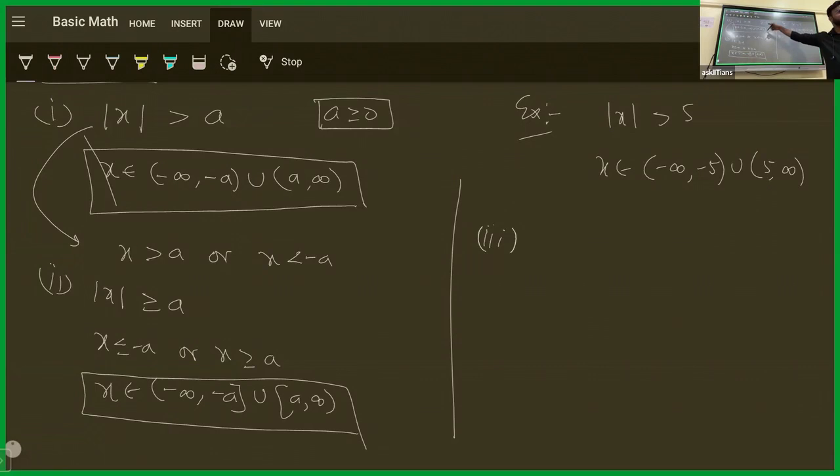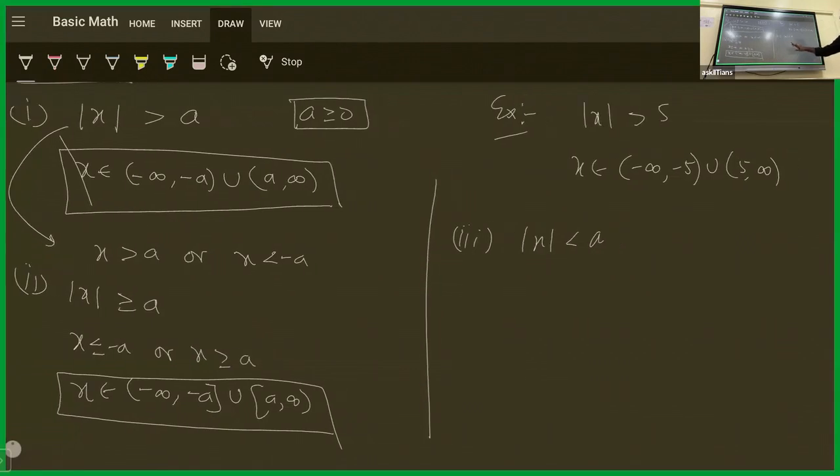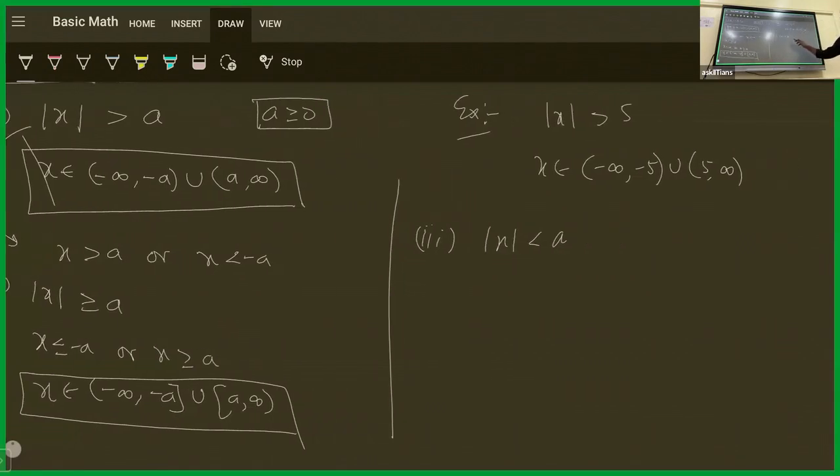अच्छा अभी इसके लिए बताओ फिर, now what do you think for this one? Let's suppose again a is positive and we are given modulus of x is less than a, so how we are going to simplify it, or what is the answer in this case? Minus a to a. देखो, इसको थोड़ा और इजी बनाते हैं, इसको इक्वेशन मान लो, तो it's like modulus of x equals a, राइट? तो यहाँ से x प्लस माइनस a. तो बेसिकली two critical points are there, minus a and plus a, and if you plot the graph it will go something like this.